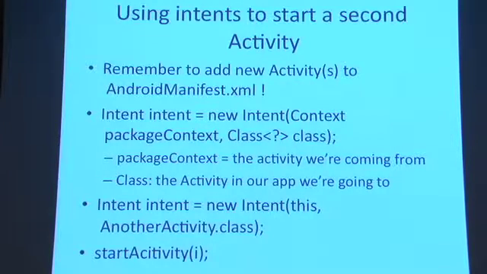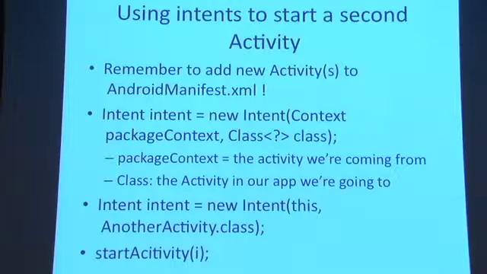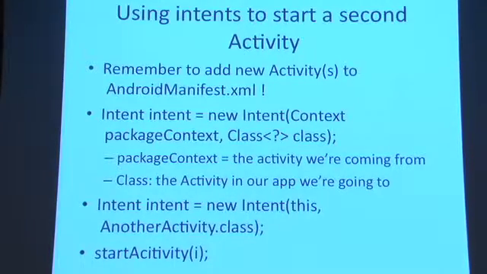And the class would be like NextActivity.class, for whatever your next activity actually is. Here on the third bullet point is an actual example of how we can accomplish switching to a second activity. And to actually start the activity, we have that last command, startActivity, with its parameter being the intent that you have defined previously.